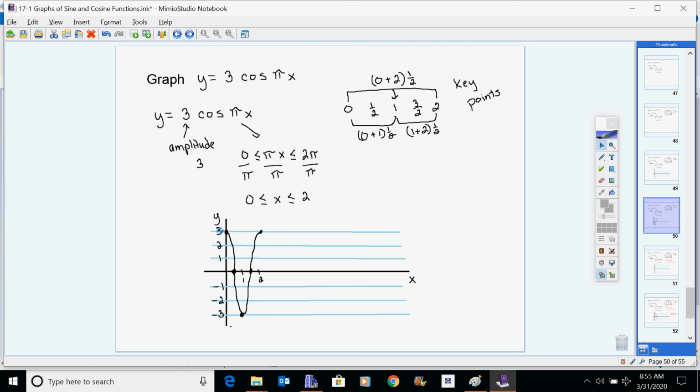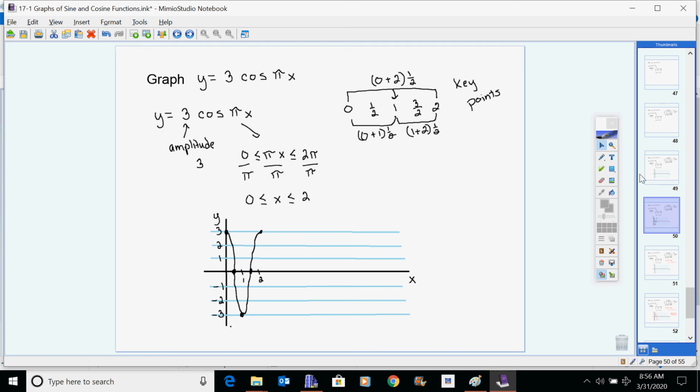Our cosine pattern is up, middle, down, middle, up. This is kind of a tall, skinny one, which makes it a little bit difficult to make. But up, middle, down, middle, up.